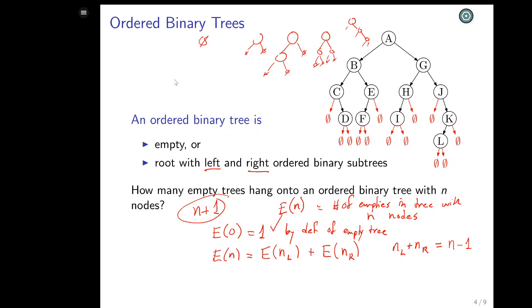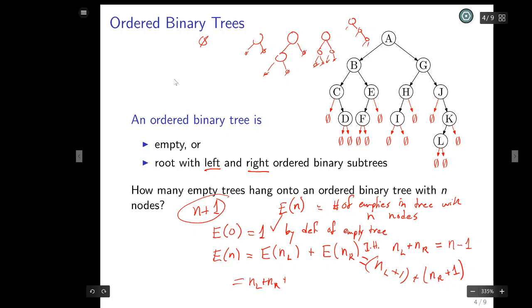So what we can do is say, by the inductive hypothesis, IH, this is equal to NL plus 1 plus NR plus 1, right? But what do we know? Well, we can rewrite that as NL plus NR plus 2.